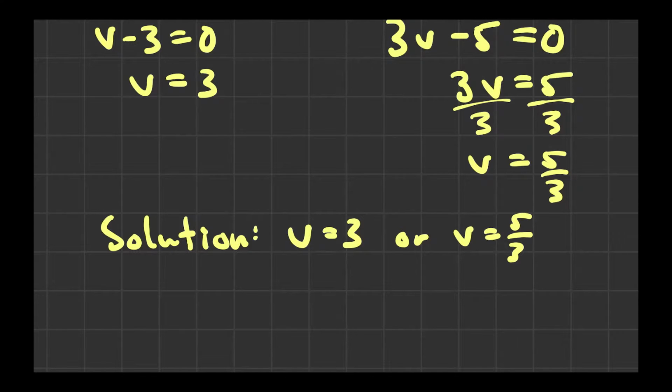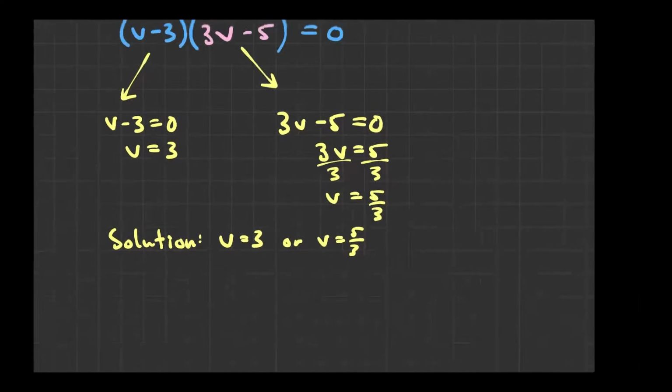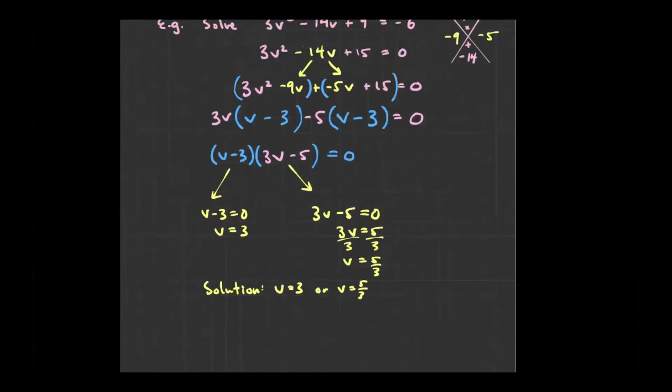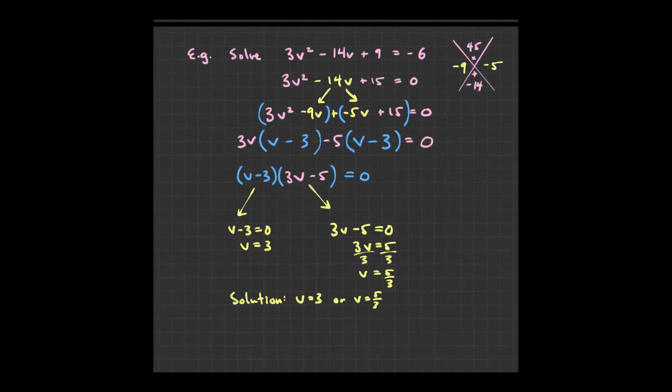Now, there's one thing that I haven't really talked about in this lesson so far, which in a lot of ways is possibly the most important thing, which is talking about how we can verify our answers. That's a really nice thing about mathematics, is that it should be easy to verify your answer.